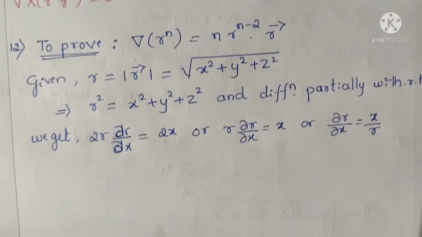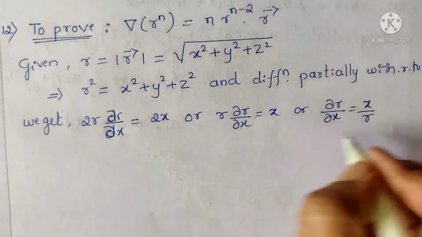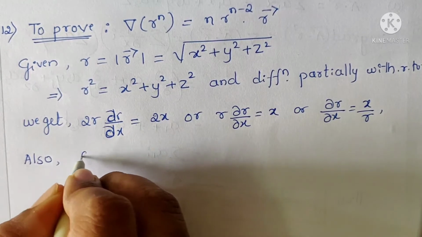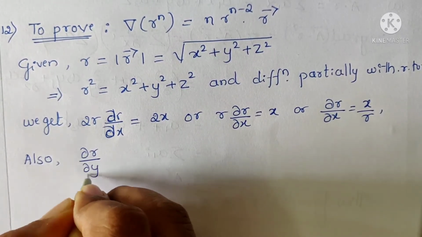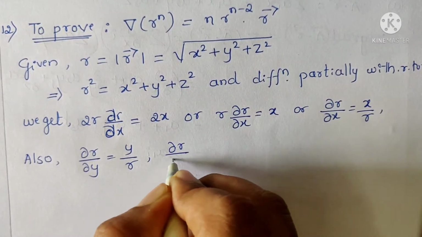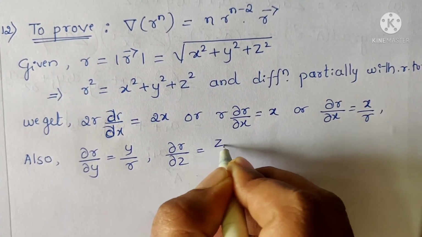So as I mentioned, these are all symmetric examples. In the similar way, also we may write dou r by dou y as y by r. Dou r by dou z is equal to z by r.